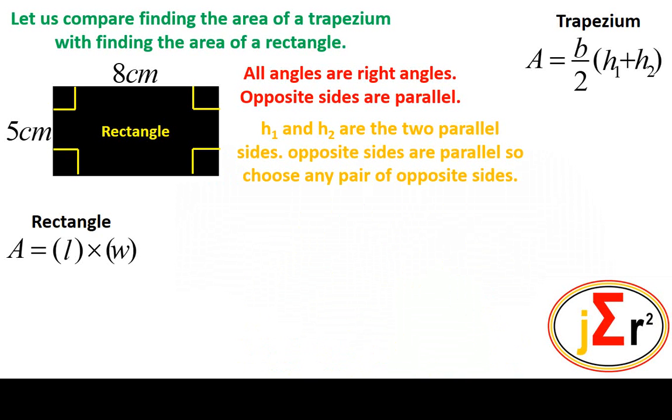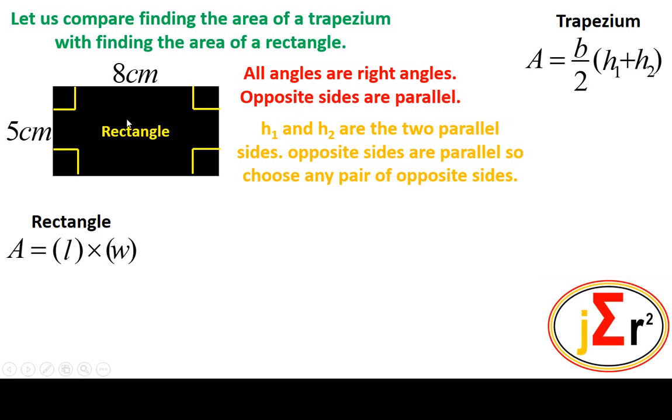Now, the way that we will find the area of the trapezium is that we have b over 2 times h1 plus h2. It does not matter what the symbols are. The two that are added inside of the brackets are the parallel sides.